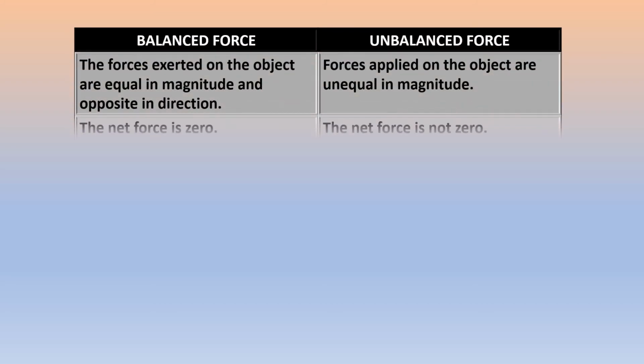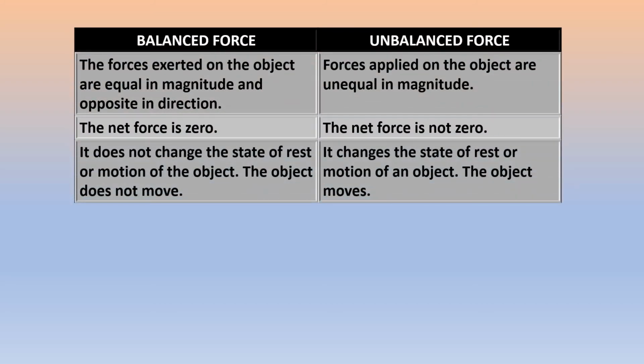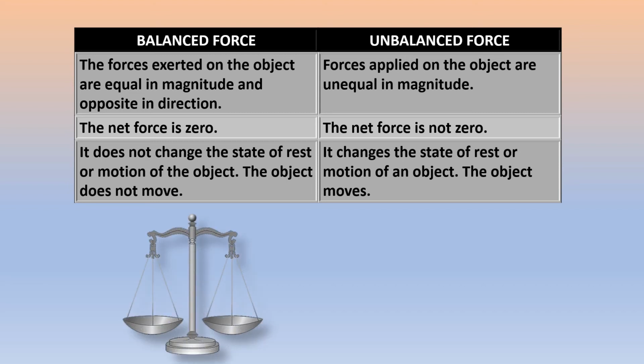This brings us to another classification of force, that is the balanced and the unbalanced force. Now, when forces exerted on an object are equal in magnitude and opposite in direction, that is a balanced force. Now, the total or net force is zero, and a balanced force does not change the state of rest or the motion of the object, that is, the object just doesn't move.